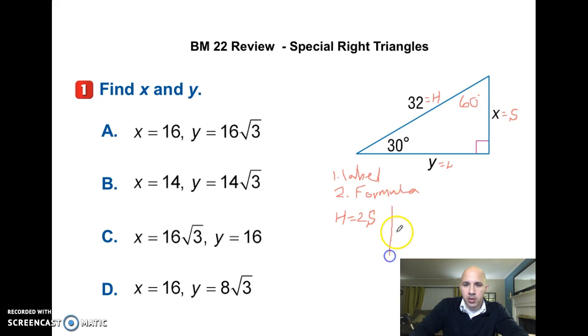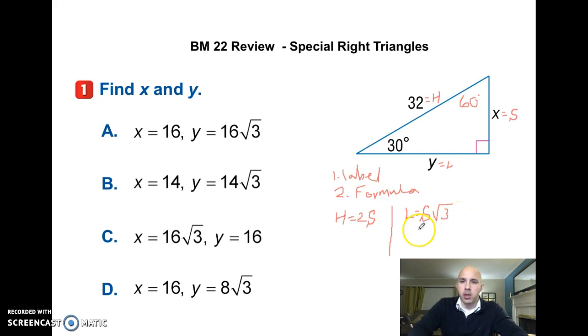And the other definition is the longer leg is going to be equal to the shorter leg times the square root of 3.